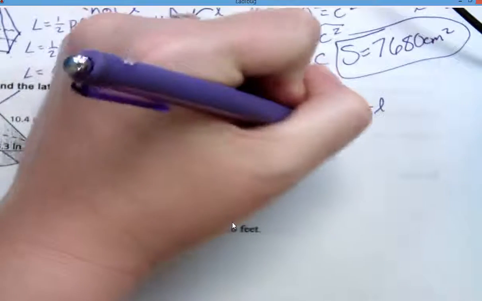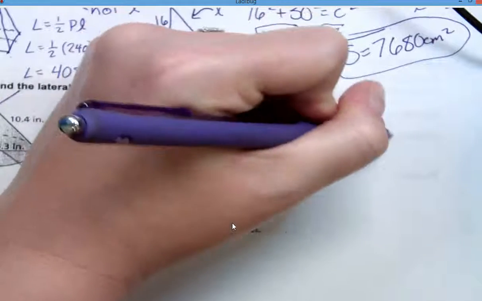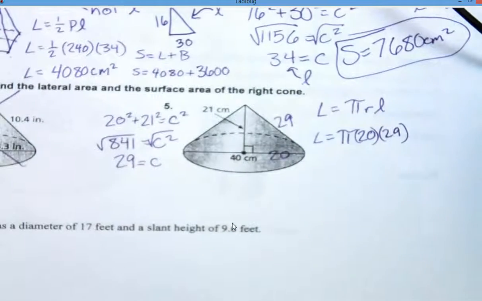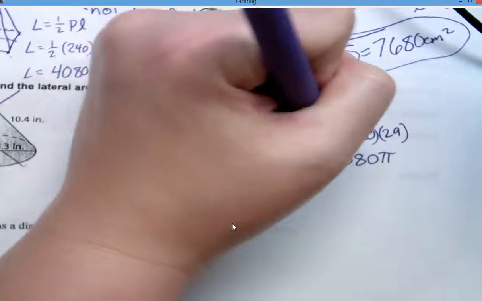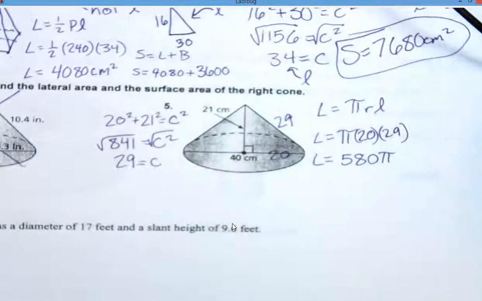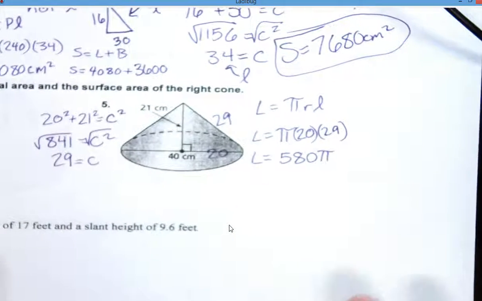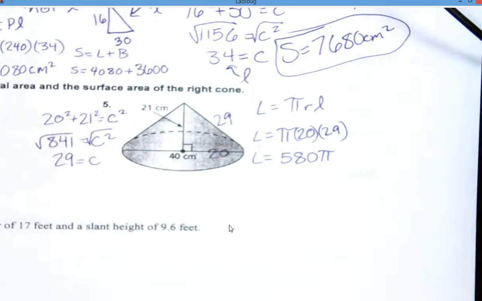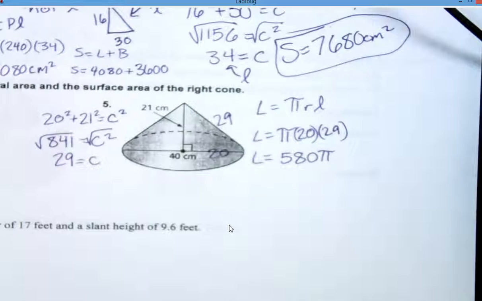So L equals pi times 20 times 29. Cool, 580 pi. So we'll wait till the very end to put that in decimal form, because sometimes when we do them separately and then add them together, the computer doesn't like it. So we'll just wait till the very end.